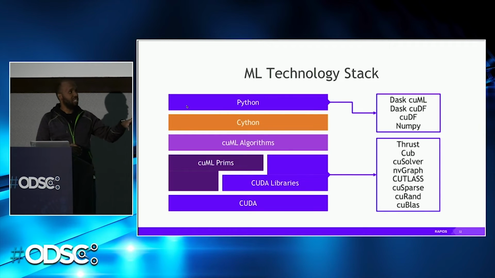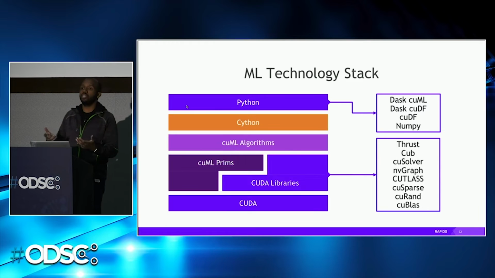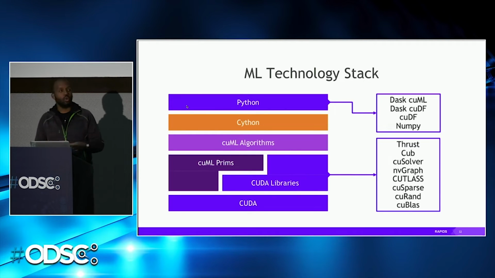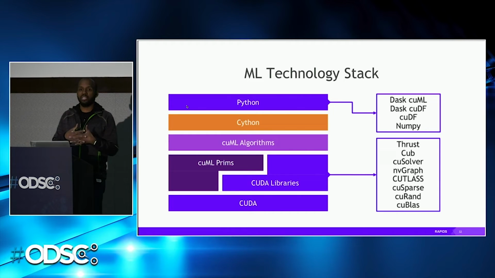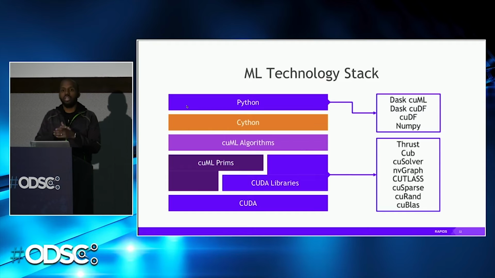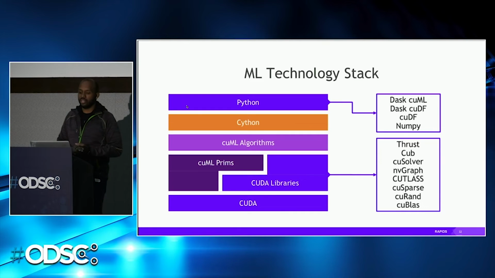Over time, we're also going to use Python to bind to each of the primitives so that we can expose the primitives in Python. If people want to write their own arbitrary algorithms, while it might not be as fast as optimizing everything in C++ and binding it at a higher level, it'll still give really great performance without some of the difficulties of writing CUDA C++.